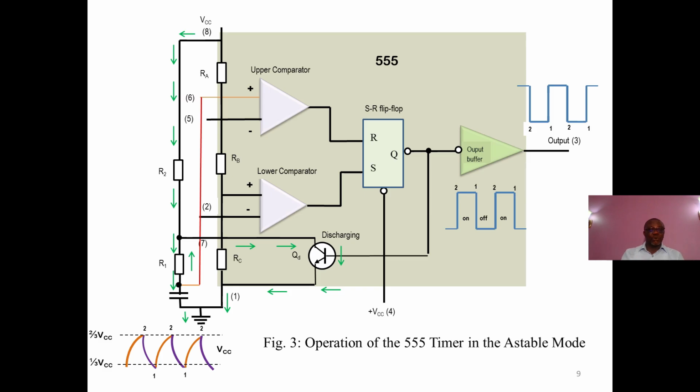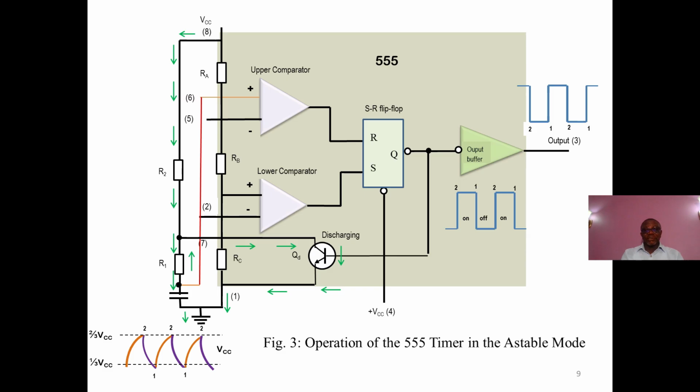When it gets to 2/3 VCC, it turns on the upper one, which I represented as 2. Then the capacitor continues to discharge and the voltage level continues to fall down, which is the purple color. It gets back to 1 and the process repeats again.